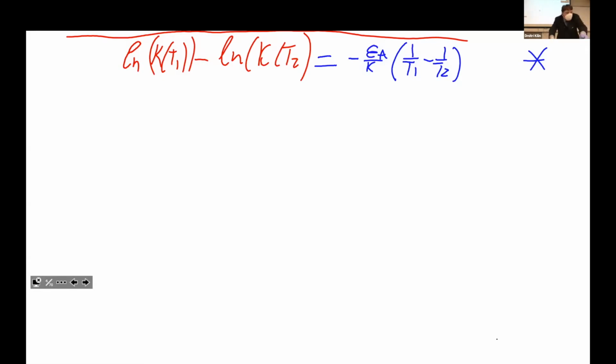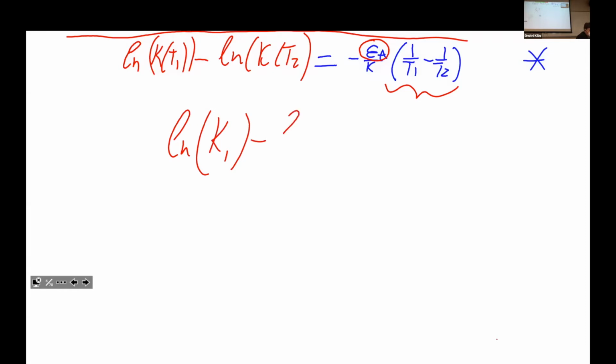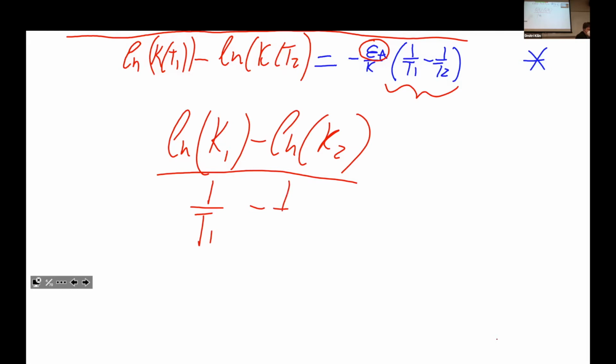So if we keep activation energy here and then divide left and right by this factor, then we get ln k1 minus ln k2 divided by 1 over T1 minus 1 over T2 and multiplied by the Boltzmann constant, equals activation energy.